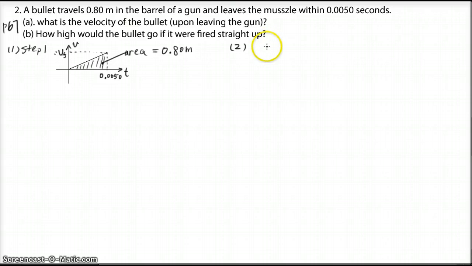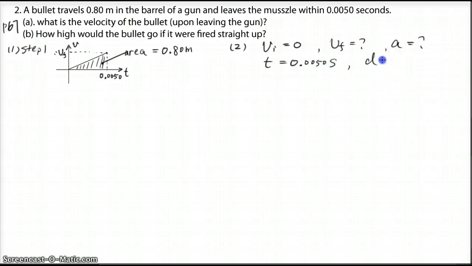According to the graph, we have initial velocity 0, and the final velocity we don't know, and acceleration we don't know, but we know the time equals 0.0050 seconds. We also know the displacement is 0.80 meter.